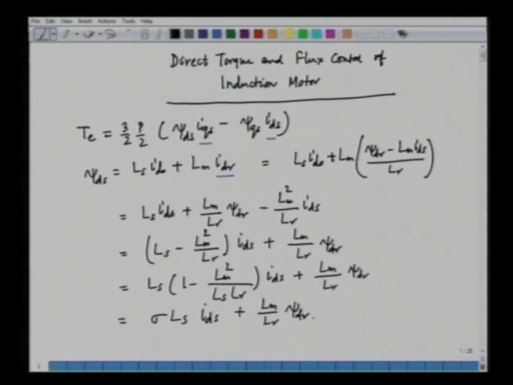Sigma here is called the leakage factor. So, we know that this sigma in this case is coming for this expression 1 minus Lm square by Ls Lr. Now, if in an induction machine, say for example, the leakage inductances are 0, the stator leakage inductance is equal to the rotor leakage inductance equal to 0, it means the coupling is 100%.